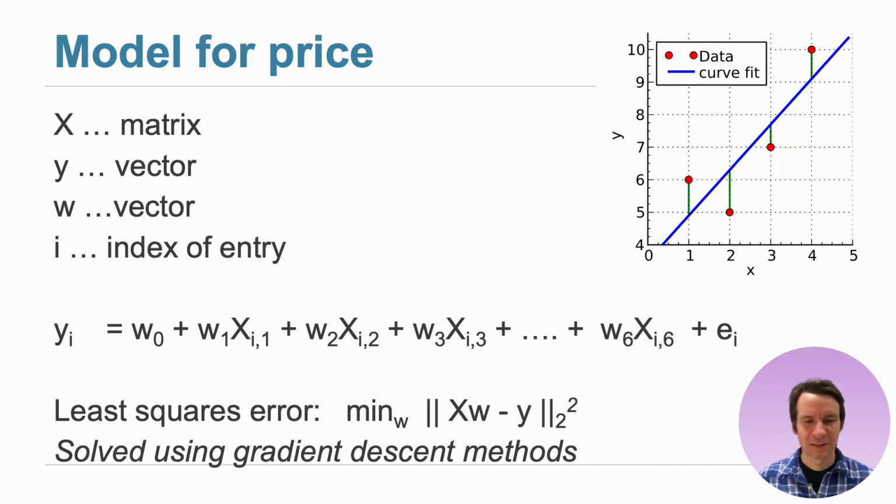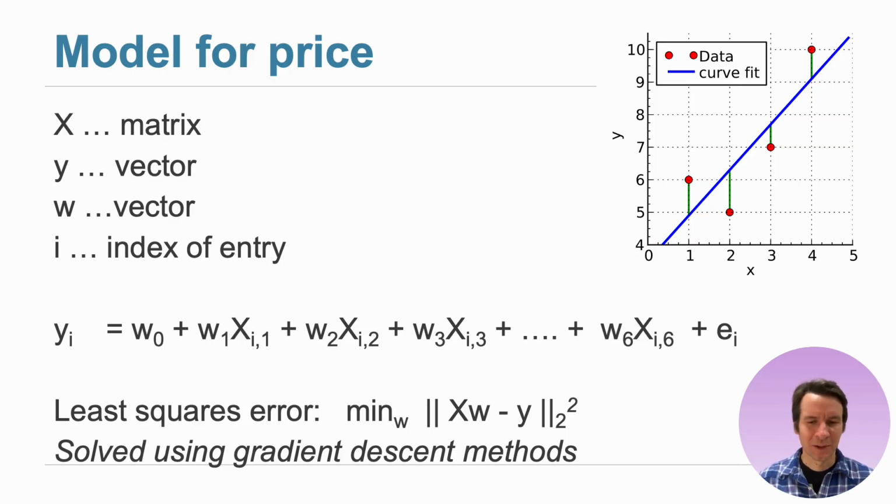The y_i is still the same, but now the least squares error you can write as w times x, or x times w, then minus y, which is subtracting y, which will tell you what the error is, right?